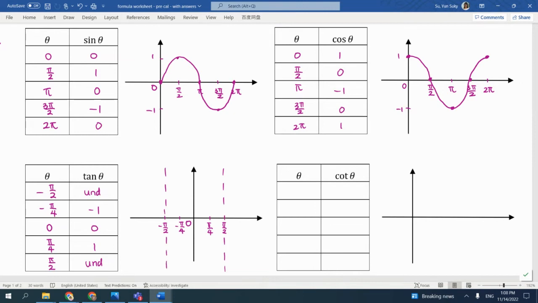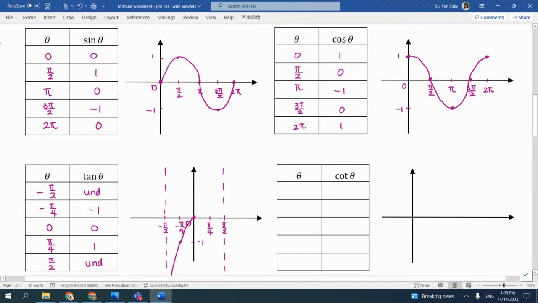That's why we also have the vertical dashed line. Now, at 0, 0. At negative pi over 4, we get -1. And undefined. So when we connect them, it's like that.